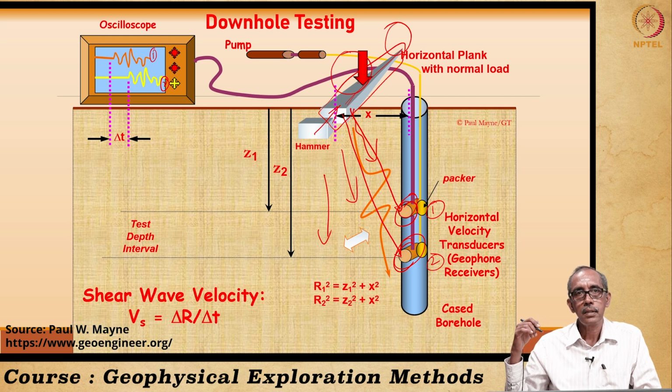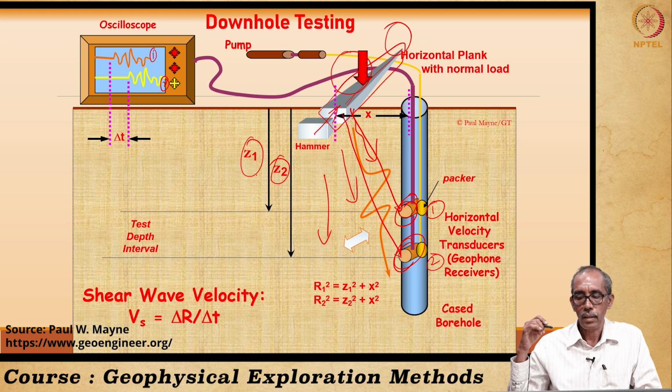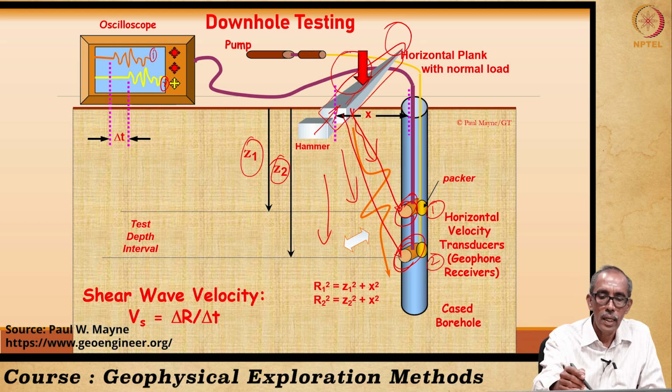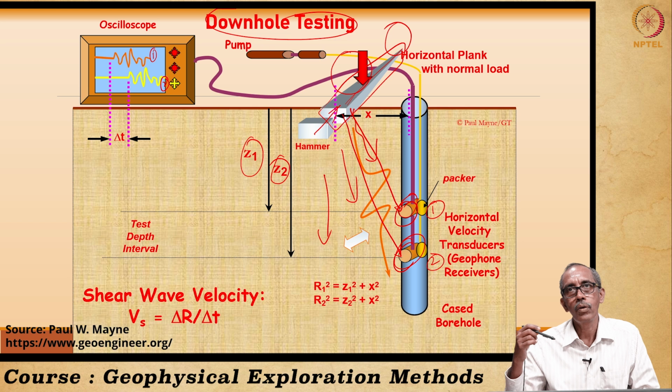So using this also we can determine the shear wave velocity, right, how much time it takes to reach different depths below the surface of the earth. So this method is known as the downhole testing method. Here we are detecting the shocks that are transmitted at the surface at different depths. So this technique, as I told you, is called the downhole testing method, right.